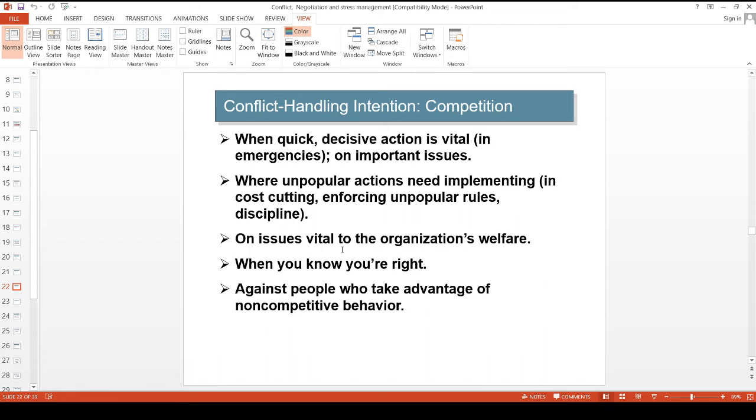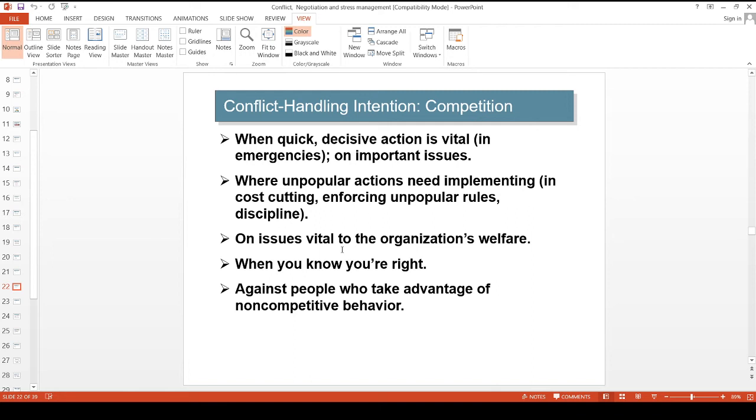It is also better where unpopular actions need implementing, such as cost cutting, enforcing unpopular rules, and discipline. Now, in the competing situation, we discussed that we usually focus on the win-loss situation. In a win-loss situation, one party is the winner. We accept the viewpoint of one party and we completely reject the viewpoint of the other party.